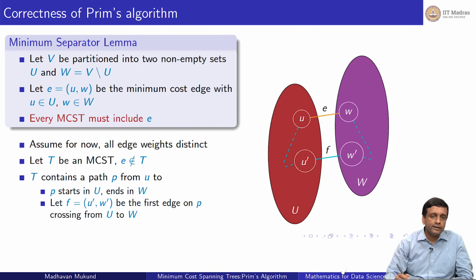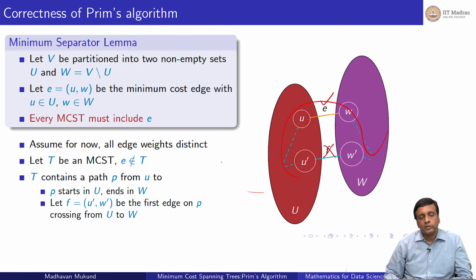So this is connected. Now supposing I drop this edge and instead keep this edge, then I claim that everything that was connected before is still connected. Anything that I can reach by following this u to w edge, I have this long path which goes via u, w and comes back to w prime, and I can do it.